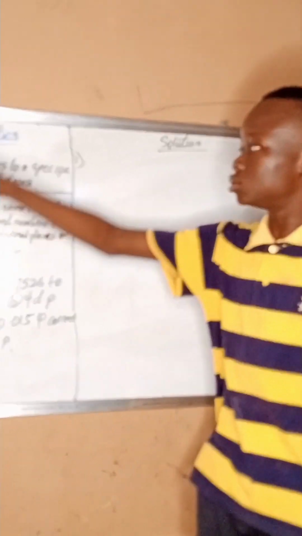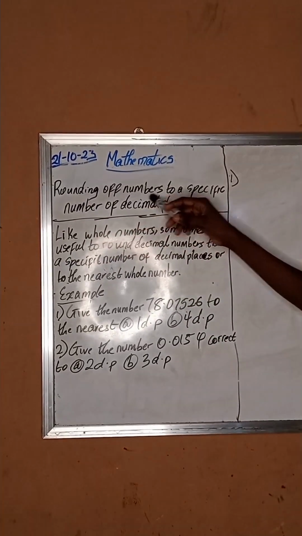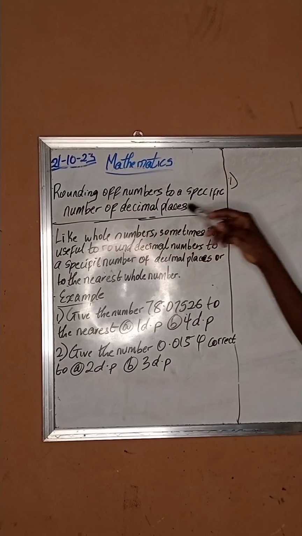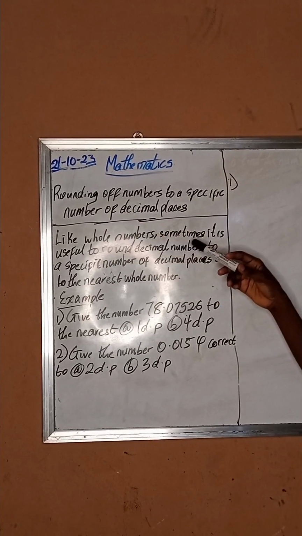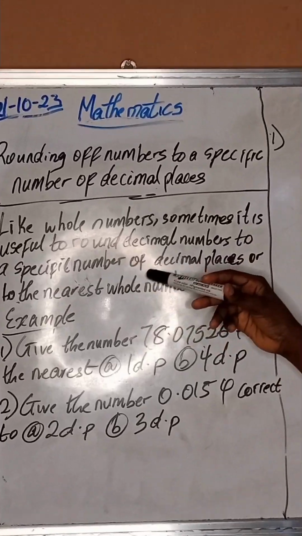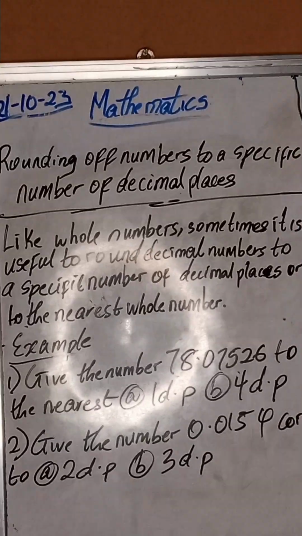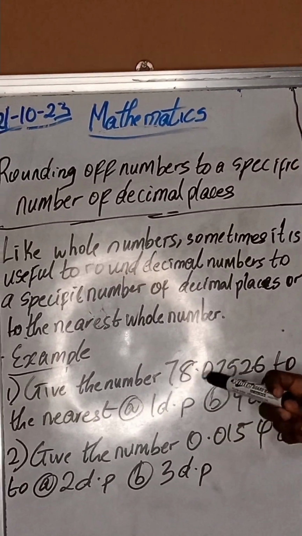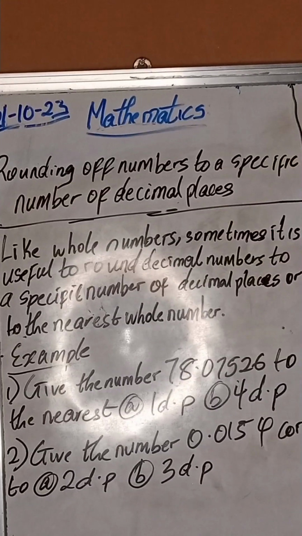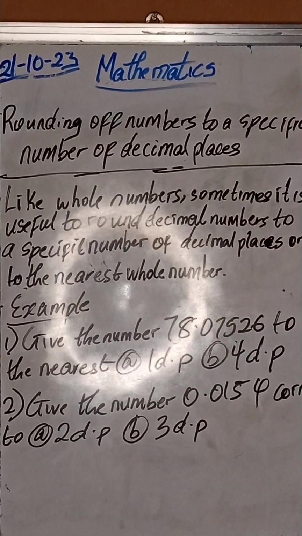Let's go on more to understand these decimal places. Now we are moving on to rounding off numbers to a specific number of decimal places. Like whole numbers, sometimes it is useful to round a decimal number to a specific number of decimal places or to the nearest whole number. To round a decimal number to a specific decimal place, you take 3 steps.